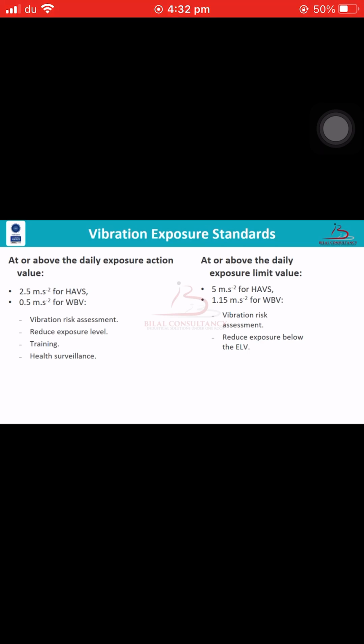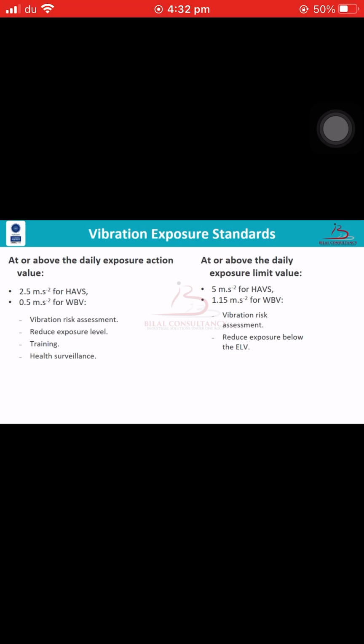At or above the daily exposure limit value of 5 for hand-arm vibration and 1.15 for whole body vibration, we also need to conduct a vibration risk assessment, and we need to reduce exposure level below the exposure limit value.